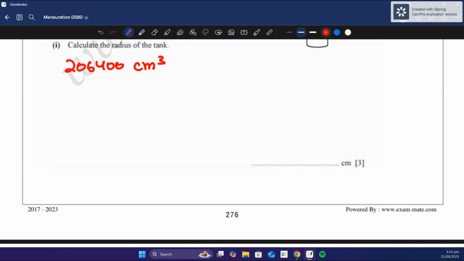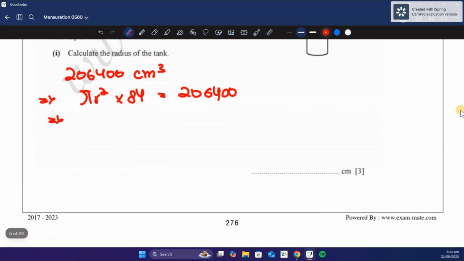Now, the formula for volume is pi r squared into 84, and we simply equate this to 206400. By simply rearranging and simplifying, we're going to get the value of r. So r squared is equal to 206400 divided by 84 pi.